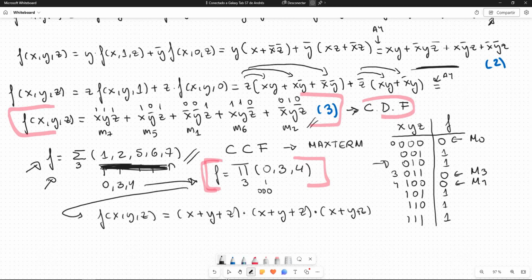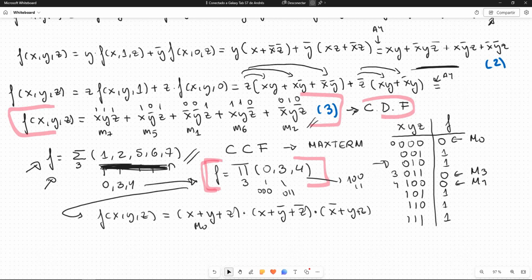We have 3 zeros, so none of them are negated here in the max term 0. 3 is, so we have x non-negated, y and z negated, and 4 is this in binary, so we have the x negated and the other 2 non-negated. So this is the algebraic expression of the conjunctive canonical form.